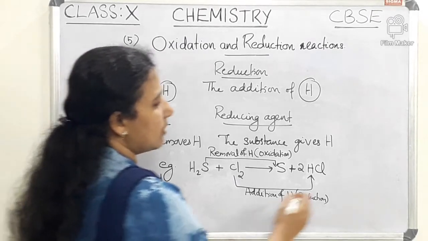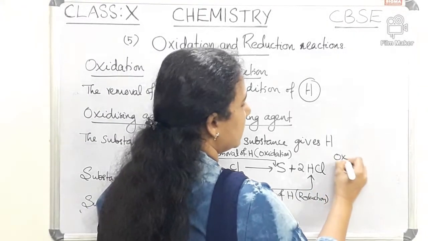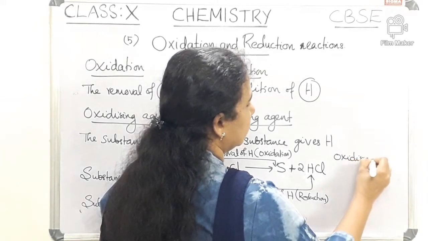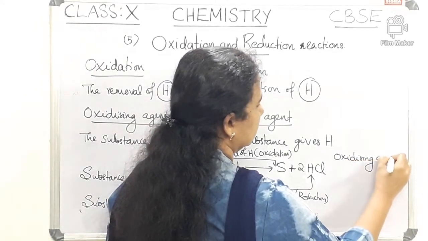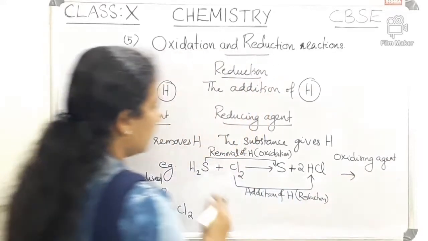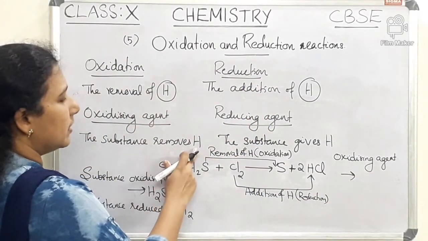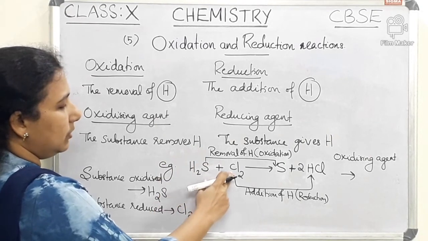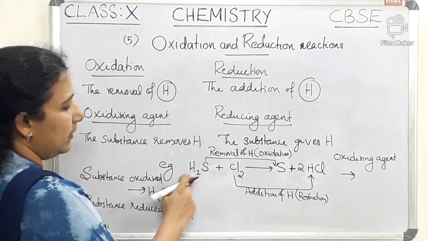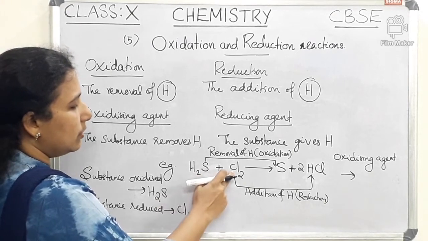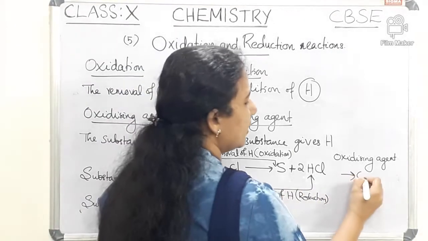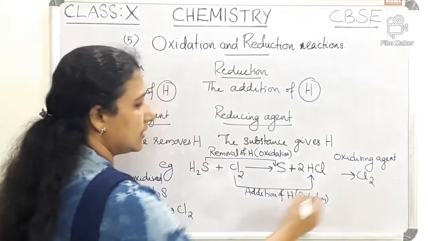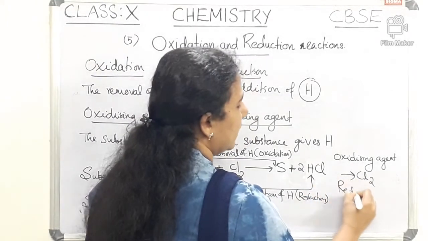Now, what is the oxidizing agent and reducing agent in this case? Oxidizing agent means the substance that removes hydrogen. Cl2 actually removes hydrogen from H2S. So Cl2 is the oxidizing agent. Now what is the reducing agent?